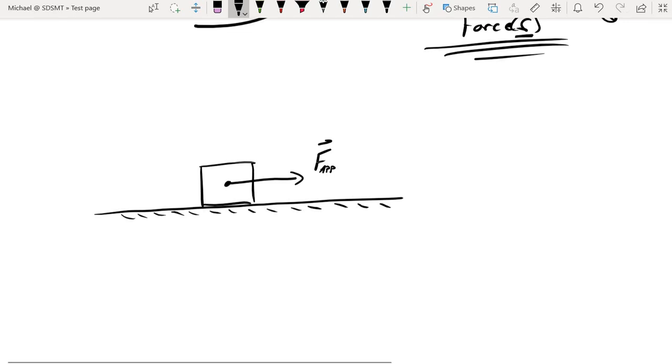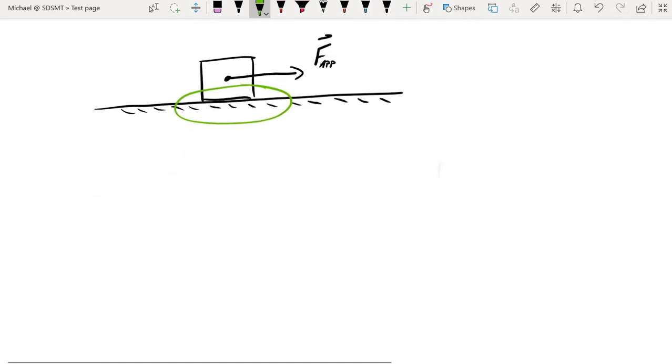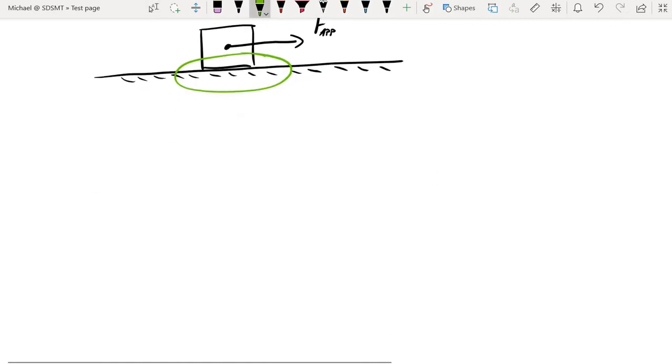But then if we zoom in and take a closer look at the interaction between the surface of this block and the tabletop, and I mean really zoom in, like with an electron microscope.